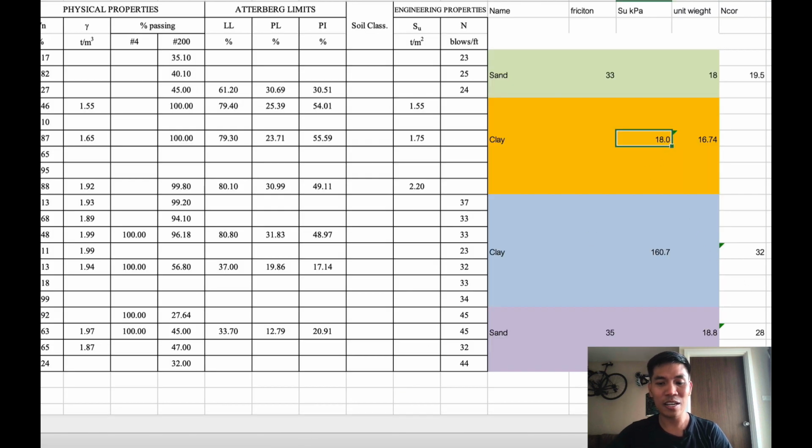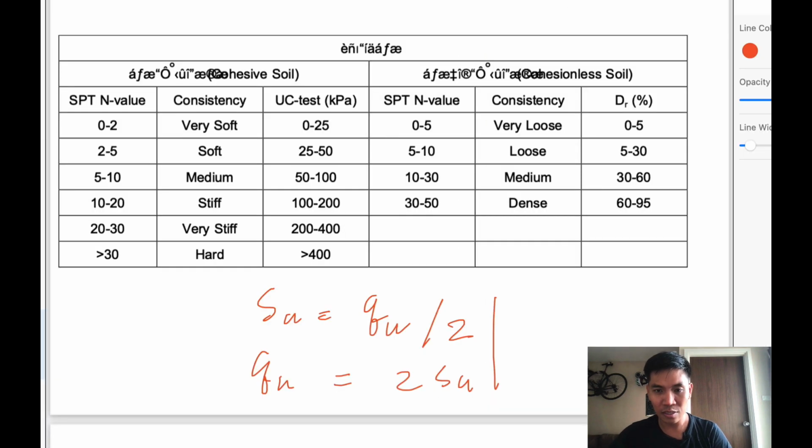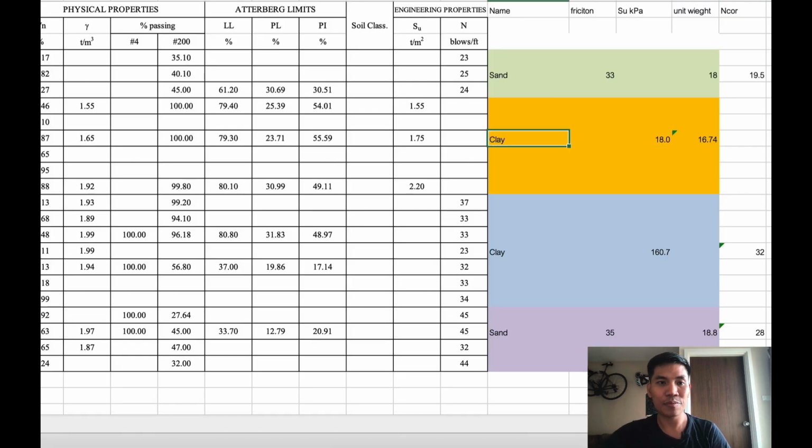It's about 18. Multiplied with 2, about 36. So the first layer is about here, 25 to 50. So the first layer should be soft clay.